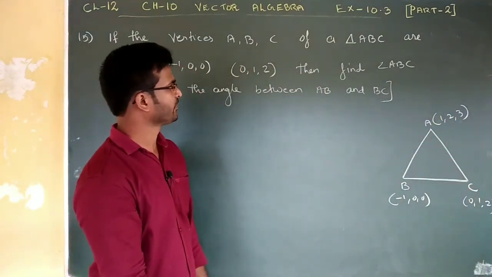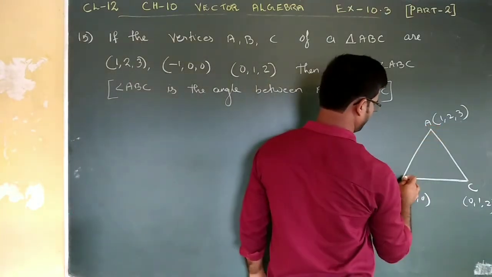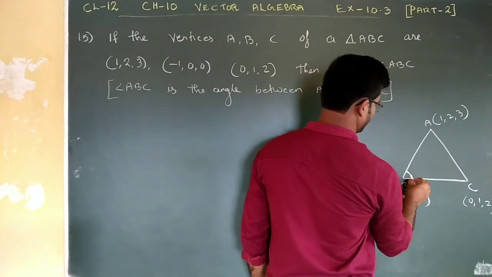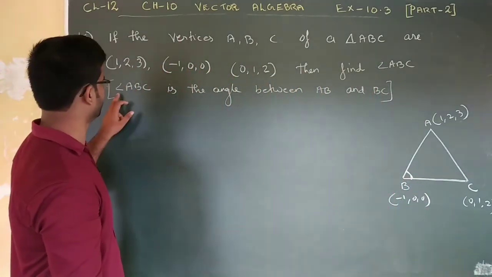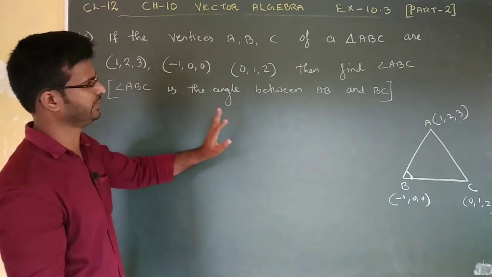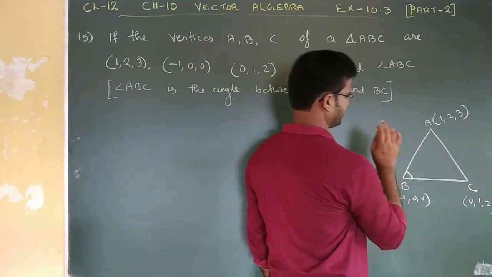Then find angle ABC. That is our question. Angle ABC is the angle between AB and BC. You can see that the angle is in between AB and BC only.